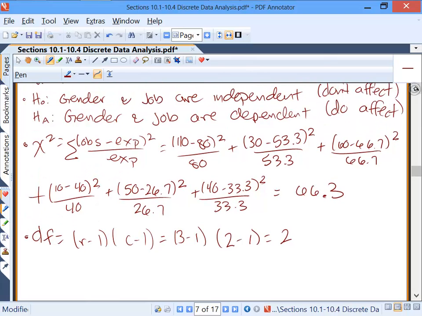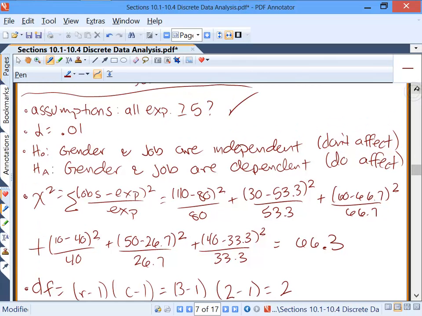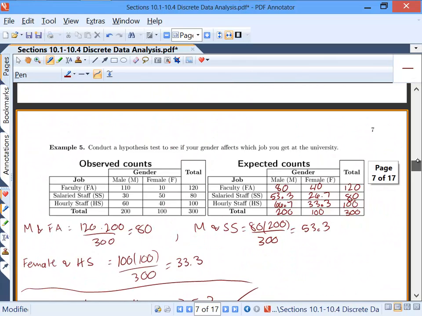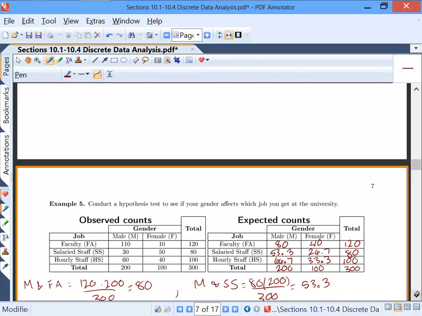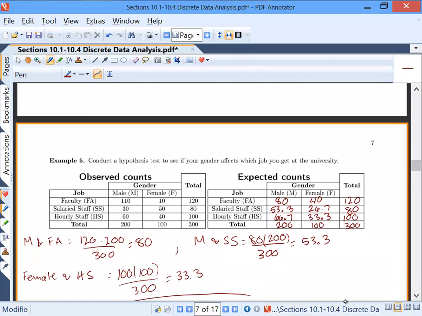Now what does this kind of mean? Degrees of freedom for our chi-square test are actually kind of easy to understand. You remember how we said that these totals have to match up. So if these totals have to match up, then what if I erased a few of these numbers and only left 2 numbers?